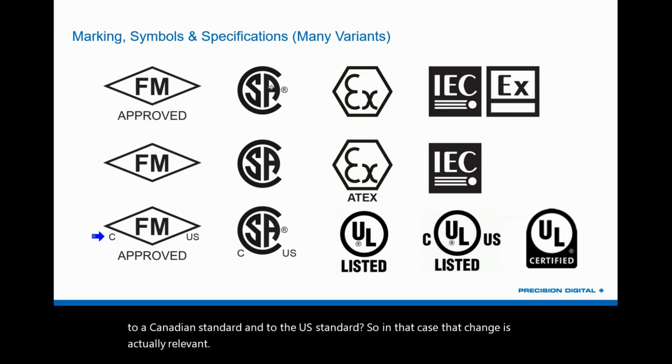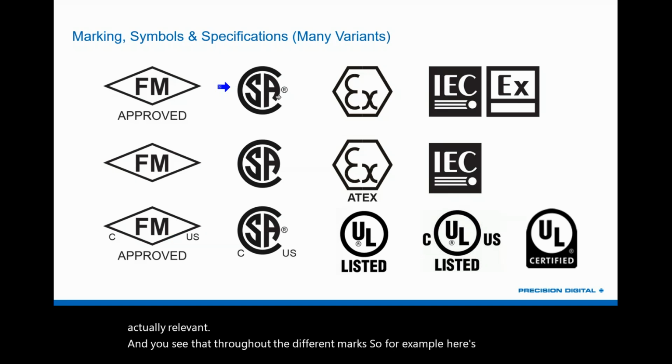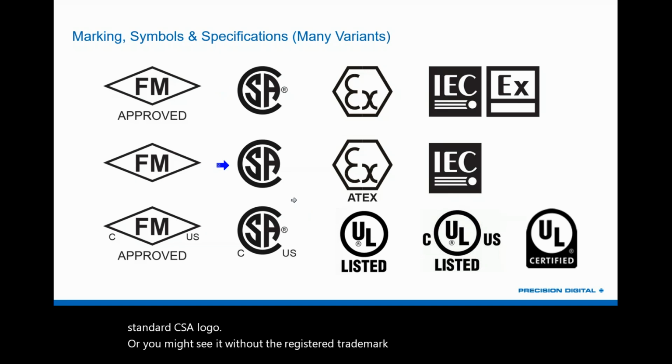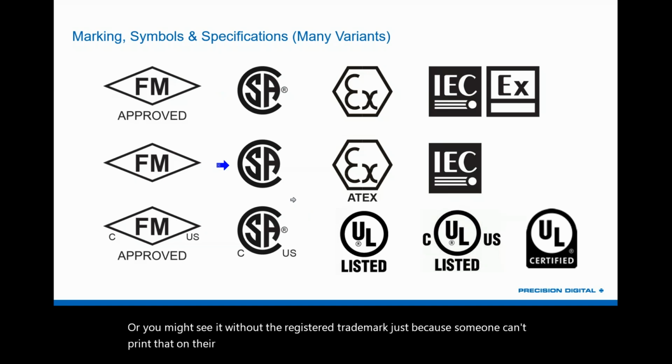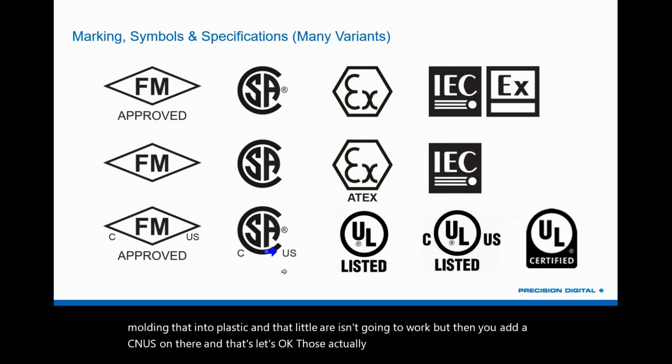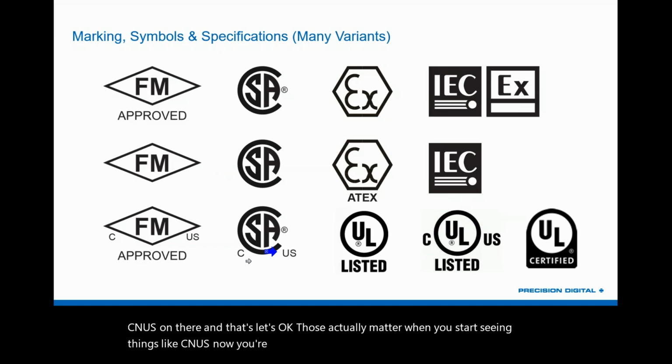And you see that throughout the different marks. So for example, here's your standard CSA logo. Or you might see it without the registered trademark just because someone can't print that on their label. It's too small, or the mark itself is too small. Or maybe they're molding that into plastic and that little R isn't going to work. But then you add a C and a US on there, and that lets you know, okay, those actually matter. When you start seeing things like C and US, now you're talking countries and various approvals.